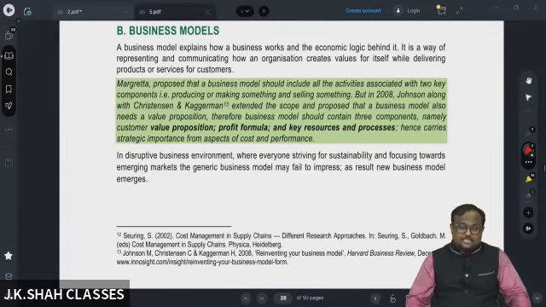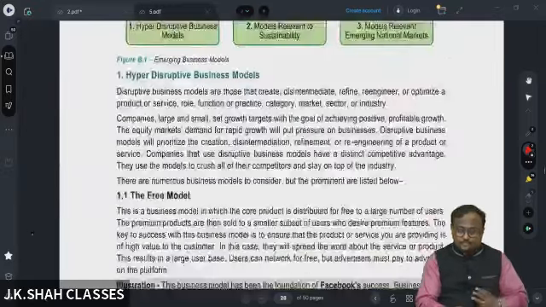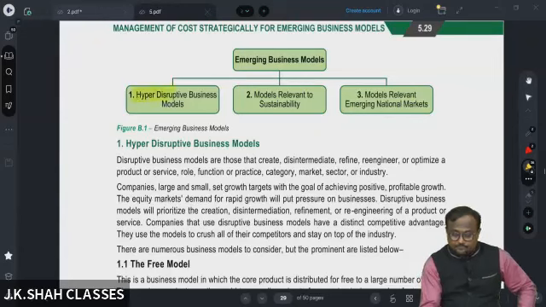So basically your emerging business models survive or work on three basic principles. One is hyper disruptive business models.